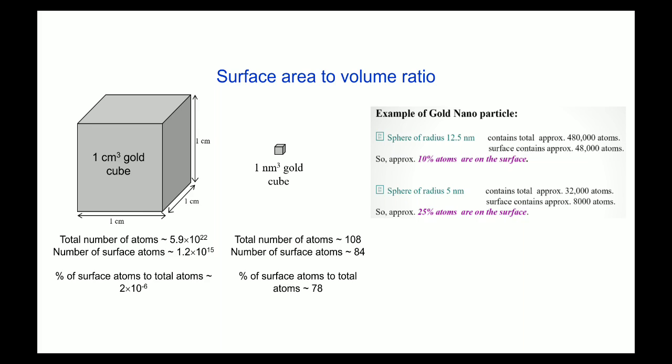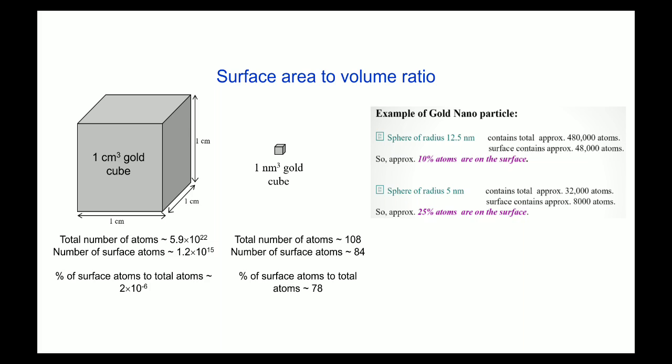We can call this a gold nanocube. The total number of atoms in it is nearly 108, because the size is very small. In that size only 108 gold atoms can come together.